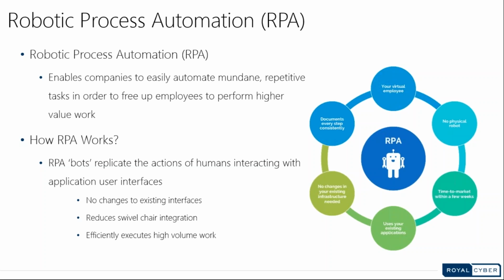In traditional workflow automation tools, a software developer produces a list of actions to automate a task and interface to the backend system using internal application programming interfaces. Scripting languages are used for these interfaces.